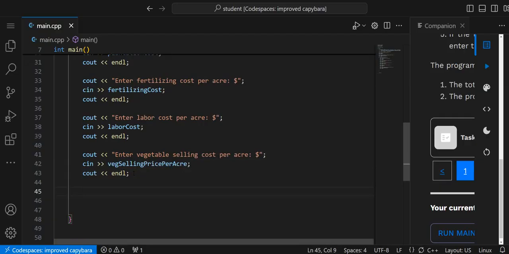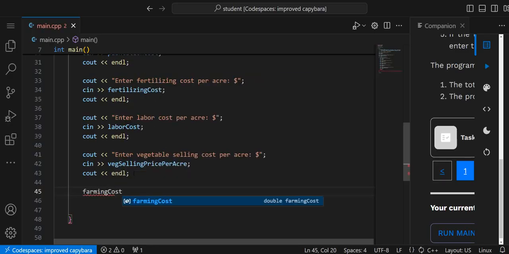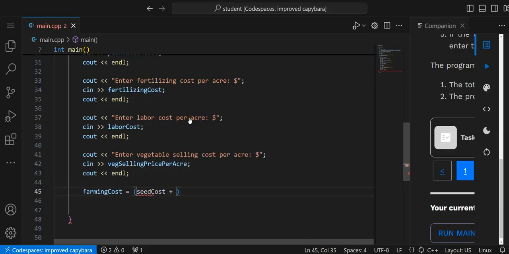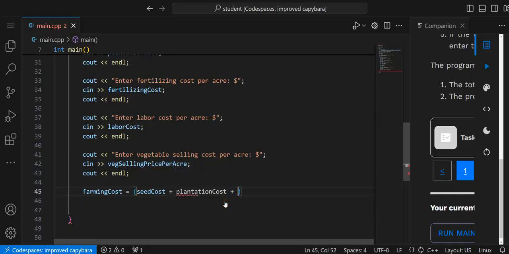Time for some math. Farming cost equals farming costs, pretty much all of these: seed costs plus plantation costs plus fertilizing costs plus labor costs.